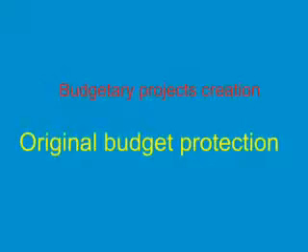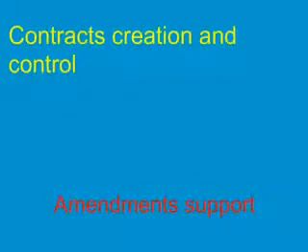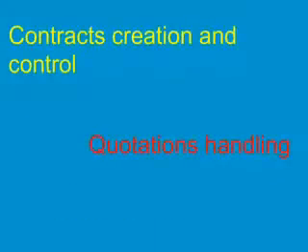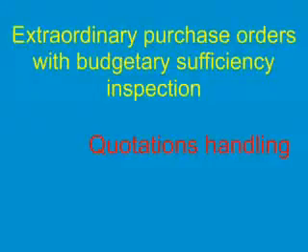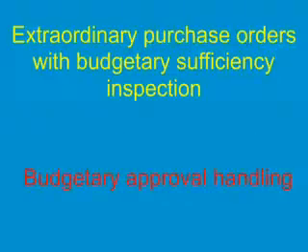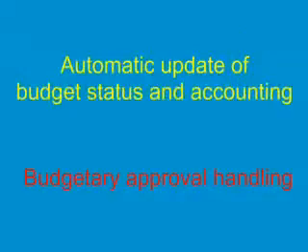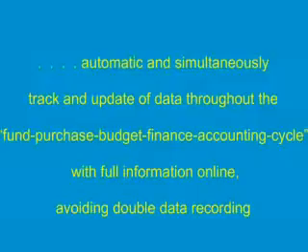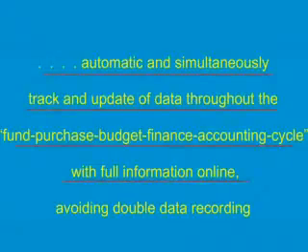Budgetary projects creation, original budget protection, amendment support, contracts creation and control, quotations handling, extraordinary purchase orders with budgetary sufficiency inspection, budgetary approval handling, automatic update of budget status and accounting, automatic and simultaneous tracking and updating of data throughout the fund, purchase, budget, finance, accounting cycle with full information online, avoiding double data recording.